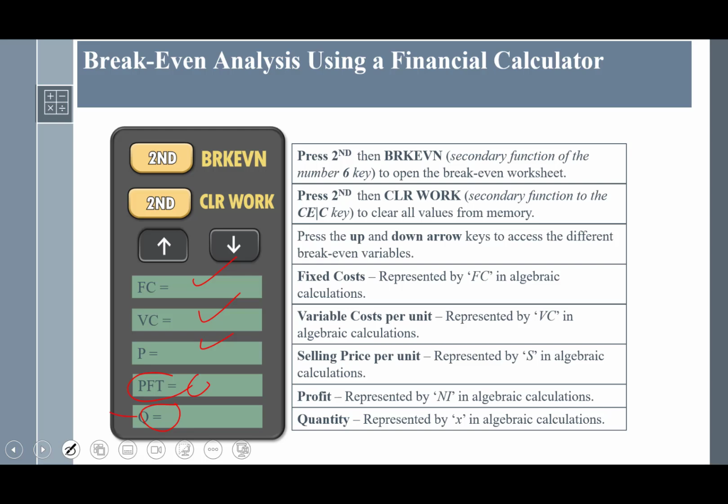What's the selling price to make a profit of $10,000 if they sell 50,000 items? I can find whatever I want from these values, not only the quantity or the break-even point. Similar to other worksheets, enter everything required, leave the one you're looking for till the end. When you press CPT, it will give you the answer.